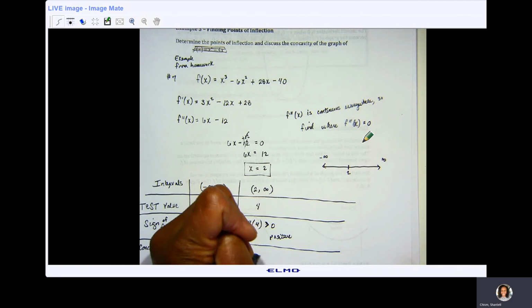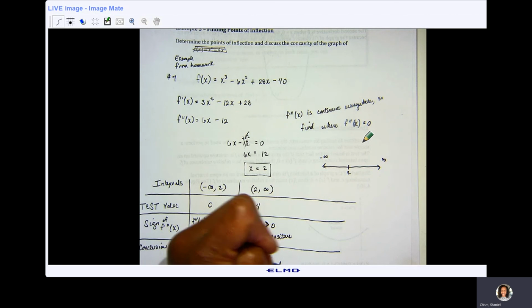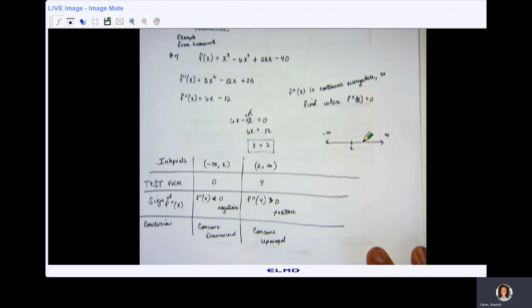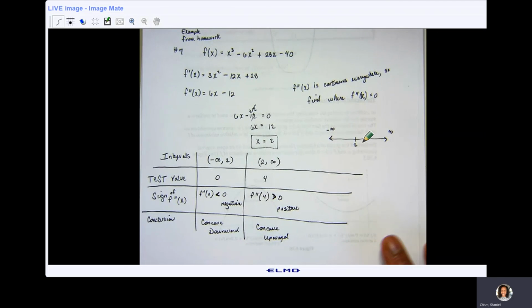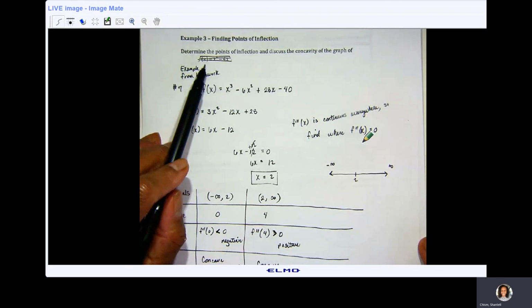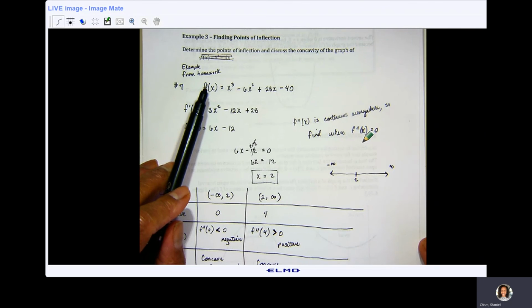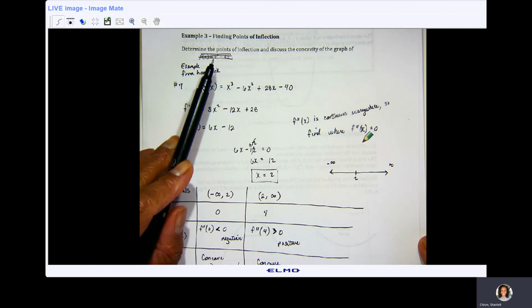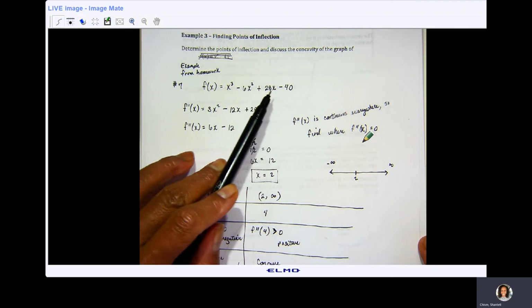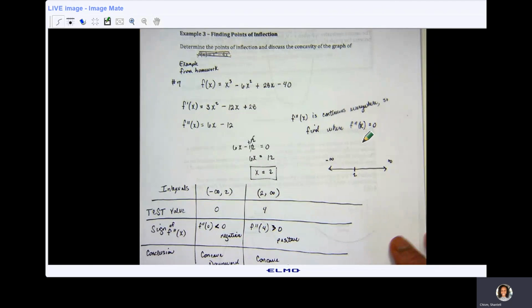So that means the original function is concave upward. Okay? And again, I just crossed out the original example that I had and pulled number 7 from the homework. It was still a polynomial. It's just the one from the homework had more terms.